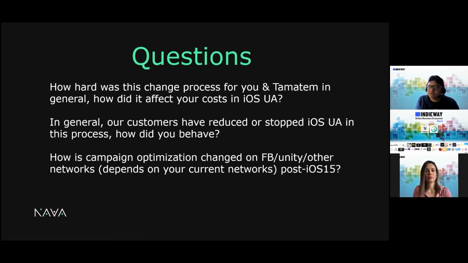On top of that, we saw SKAN taking full force. So on our end, we saw the cost increase by around 10x to 15x just on iOS, and that is the acquisition cost. The subsequent purchase cost was even higher because SKAN is not able to pass events beyond 24 hours, and most of our purchases took place after that. So we got even fewer purchases being reported, and the purchase cost was much higher.